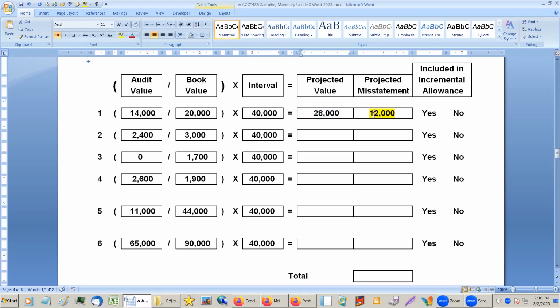So we're saying that it's overstated by 12,000. Okay. It's 32,000. 8.